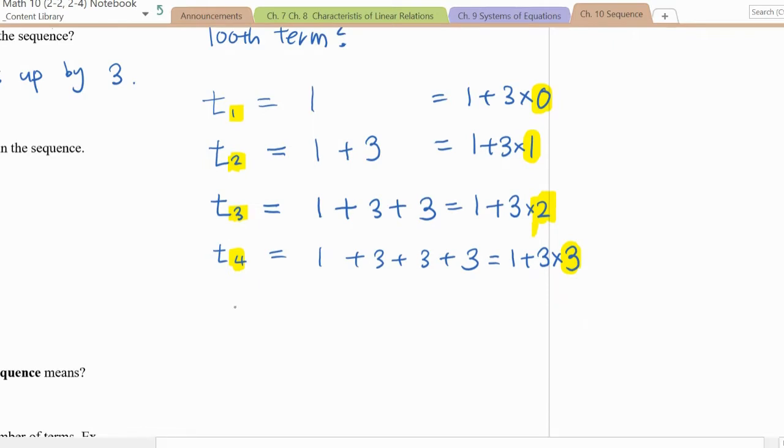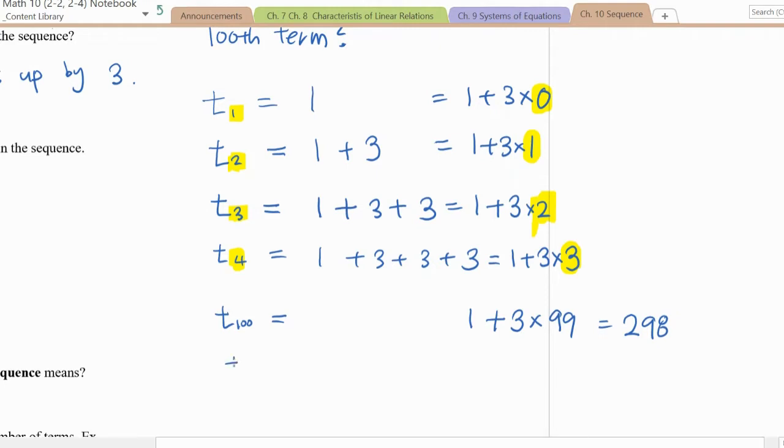Then everyone, what about the 100th term? Then that will be 1 plus 3 times one number. That should be 99. Then using your calculator, let's calculate it. What is it? If you put this into your calculator, that will be 298. So the 100th term is 298.